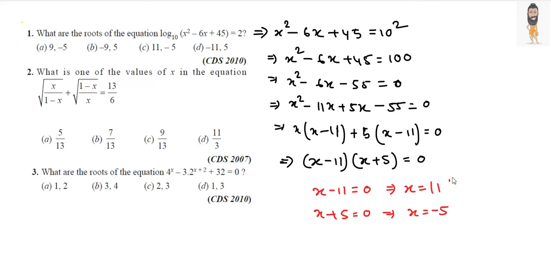The two roots are 11 and minus 5. It means C is the correct answer.